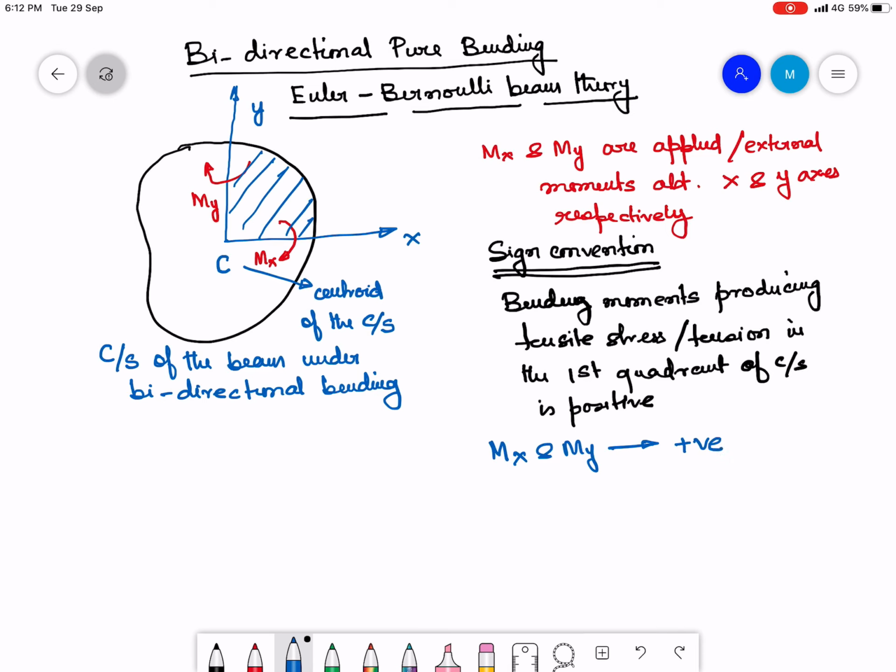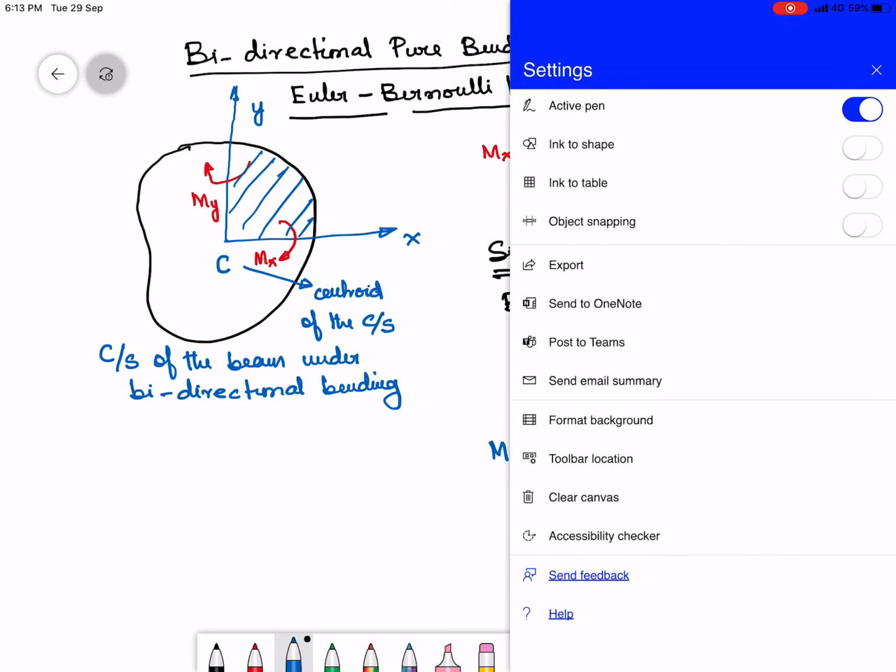Now, let us consider a small elemental area and do our further analysis. So let me just erase the canvas and draw a fresh picture.